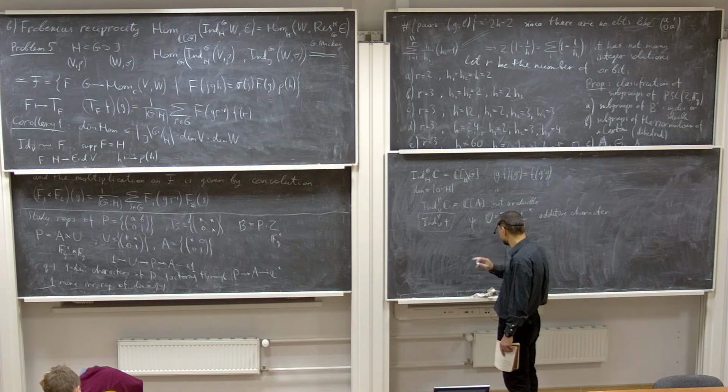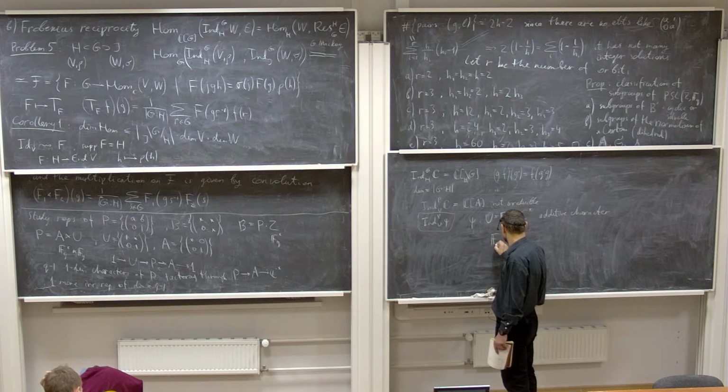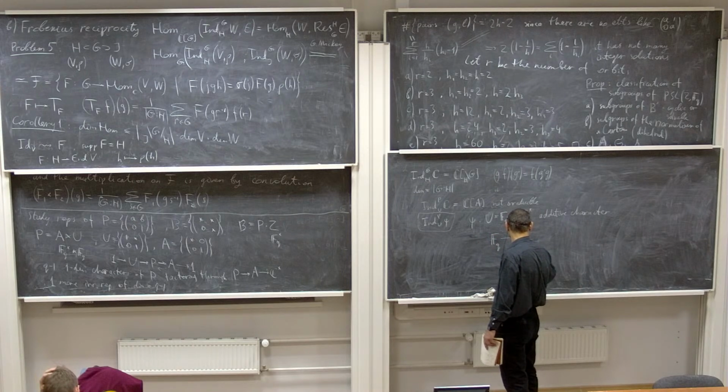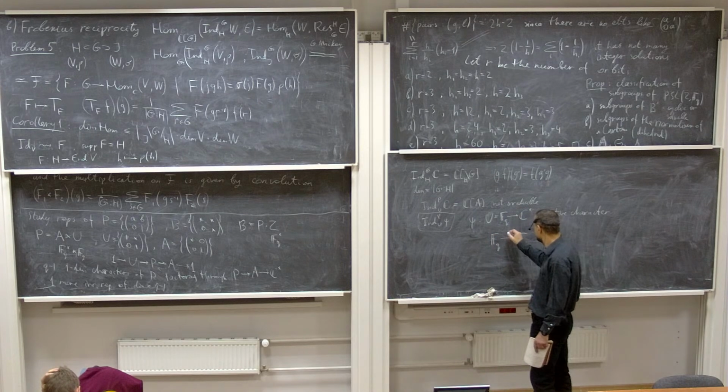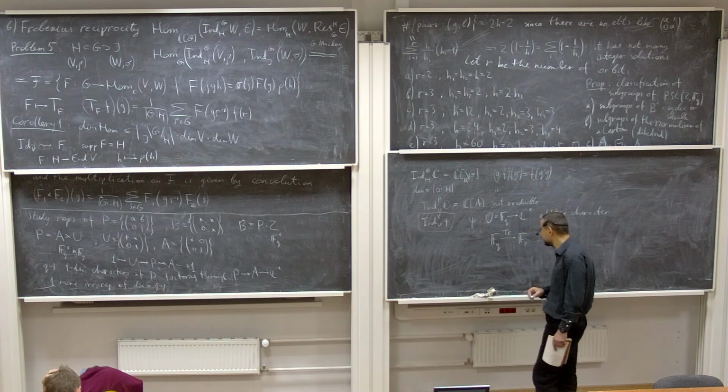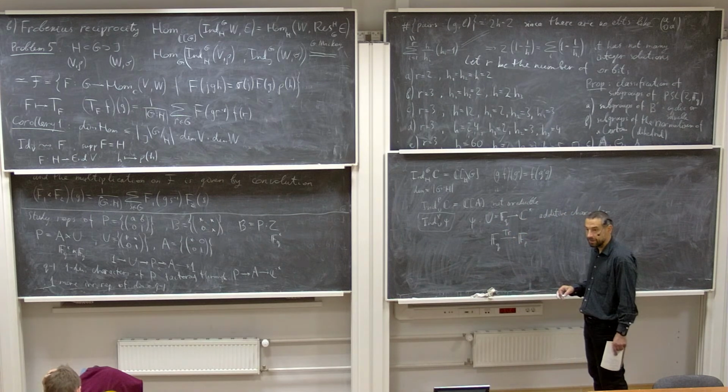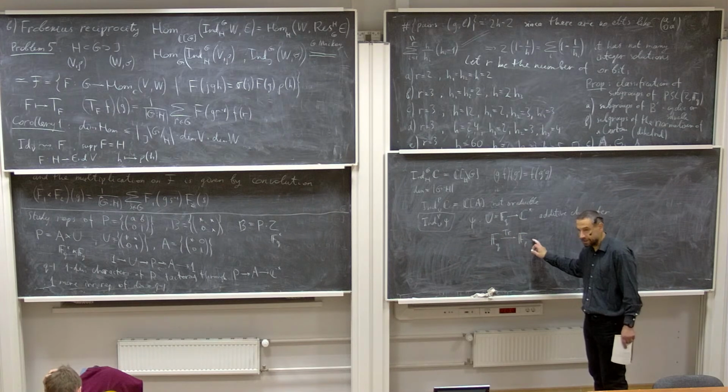So there is one preferred character, and how to do this? Well, F_q is an extension of F_p, and so you have the trace homomorphism, the trace from this field extension from Galois theory.